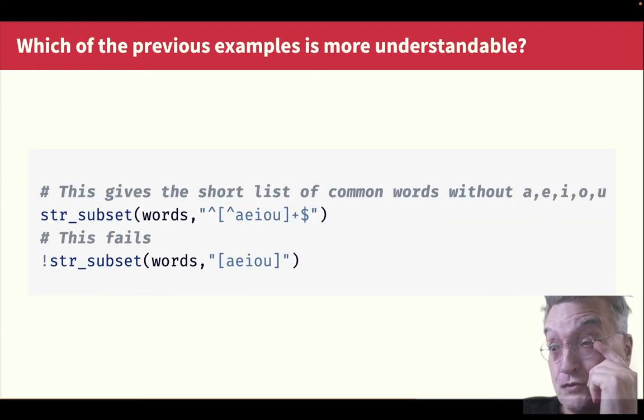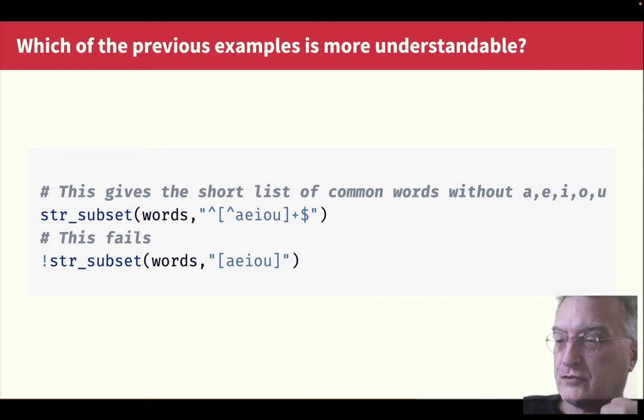And you should always check your work with regular expressions because it's very easy to get confused with them. So which of the examples is easier to understand? This fails. This gives the short list of common words without A, E, I, O, U, but this one does not work.